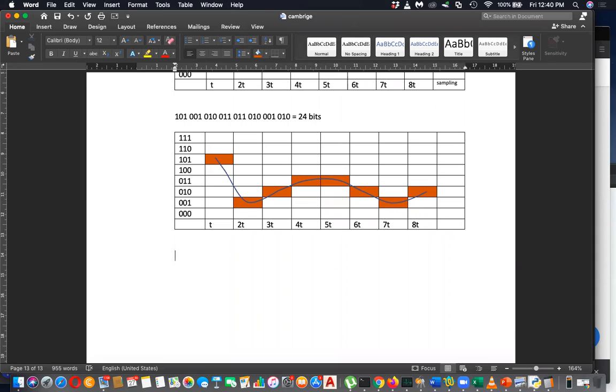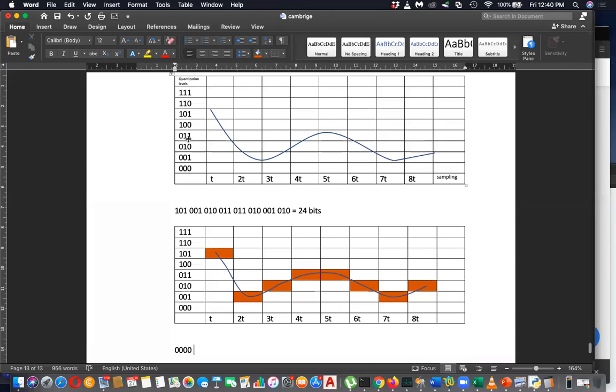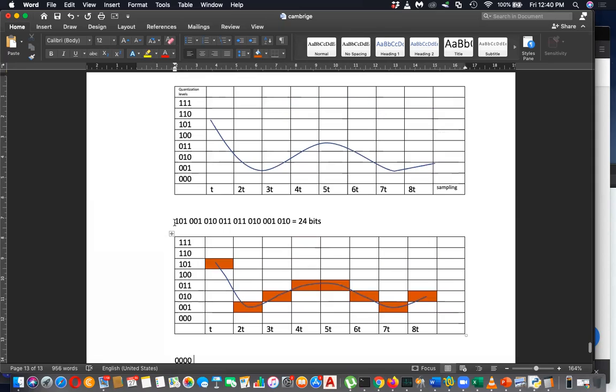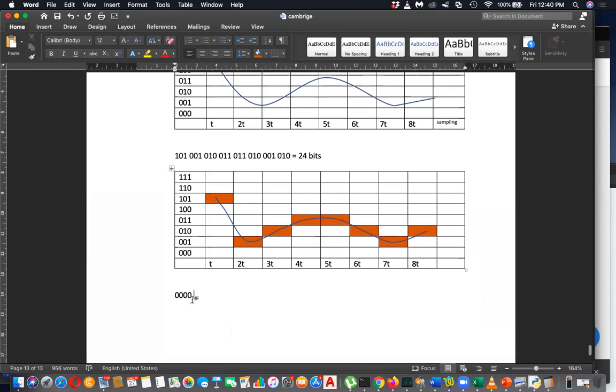16 quantization levels means 4 bits. It will take 4 bits. So this sampling is 16. If sampling is 16 per second, you will have 16 such samples. 1, 2, 3, 4, 5, 6, 7, 8.